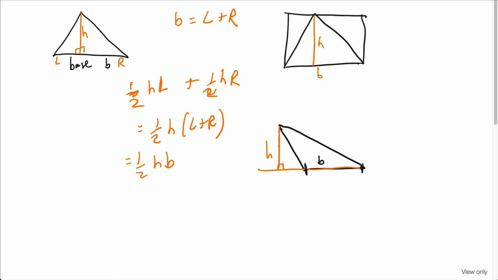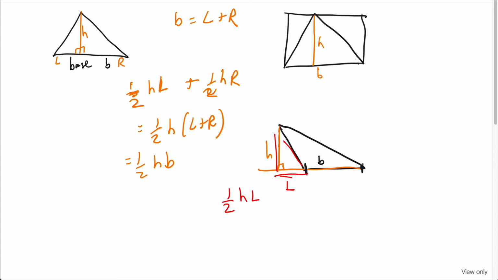So how do we view this? Well, there's a couple of ways, just like before. But one way of doing it is, again, we've got two triangles. We've got this red triangle, whose area, I'll call this L over here, is 1/2 HL.